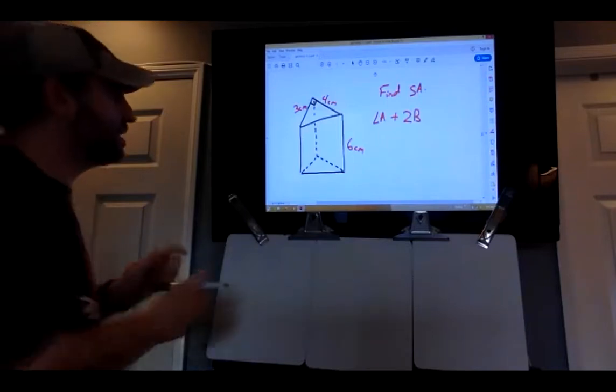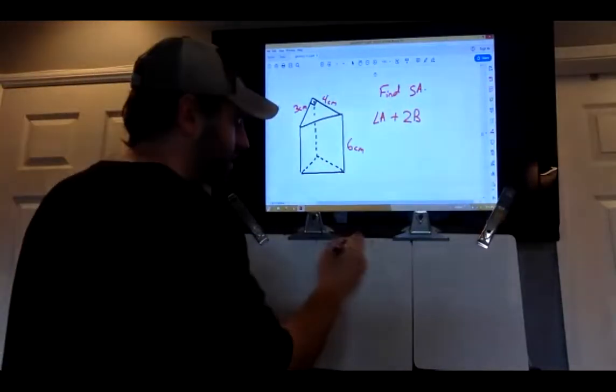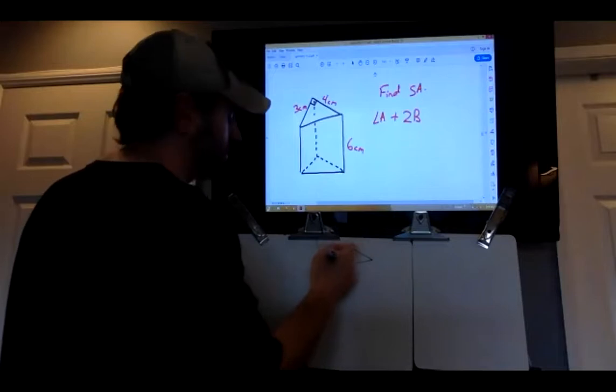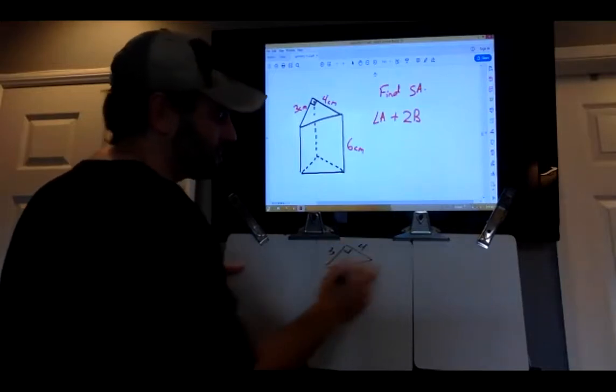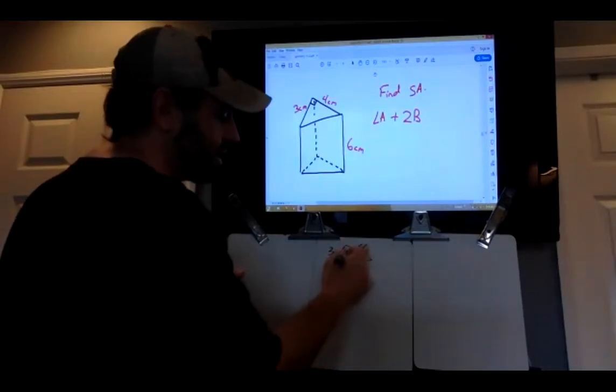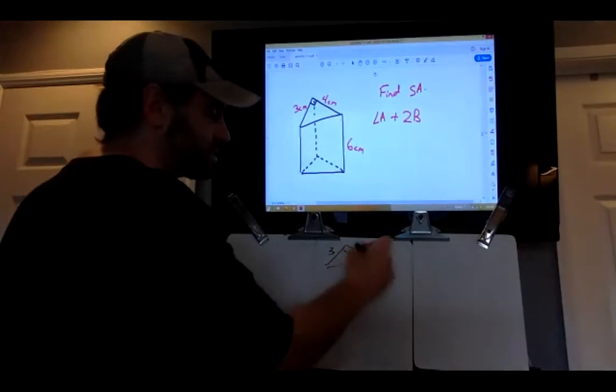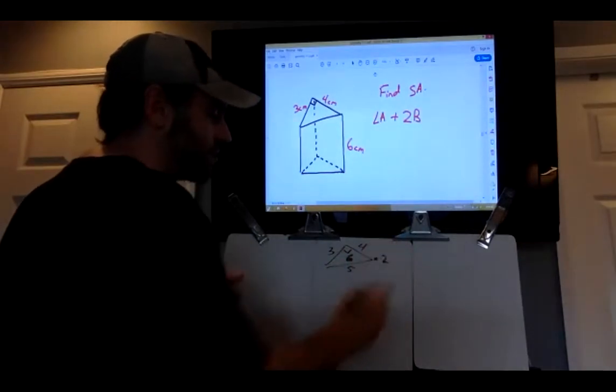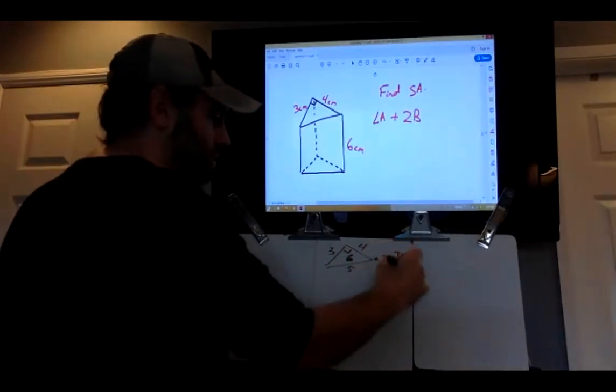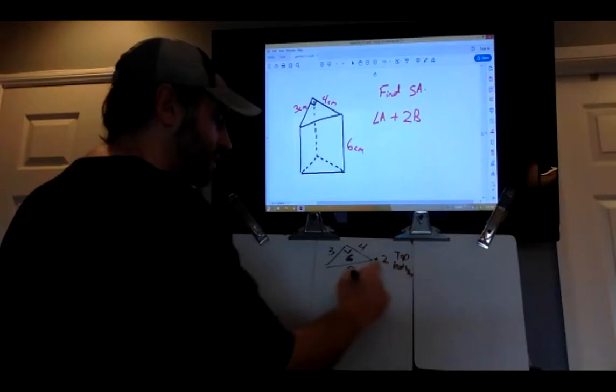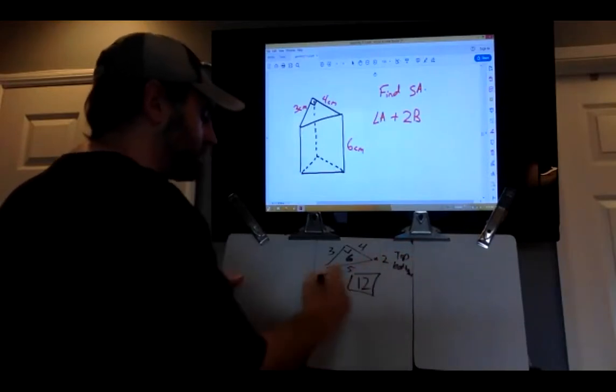Okay, let's start in on this. We have this right triangle here. It's a 3, 4, and it's going to be a 5. Okay, so the area is going to be 6, and there's 2 of them, top and bottom. So that's going to make this 12 for the 2 bases.